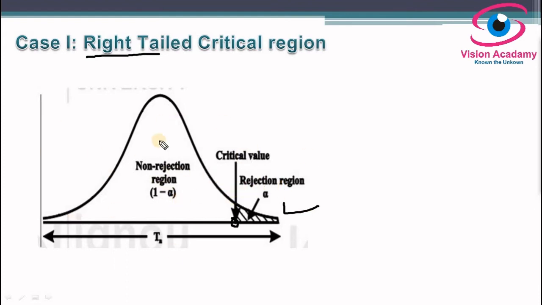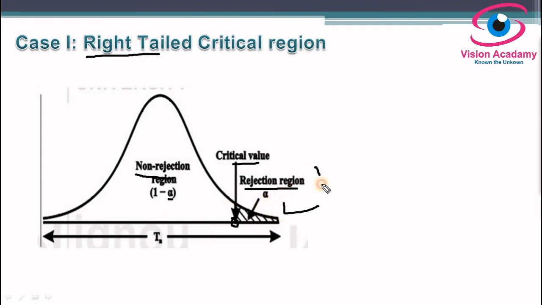In this, very importantly, you need to understand four things. One is the non-rejection region, one is alpha, one more is the critical value, and one more is the rejection region. So this shaded area, as I said already, is the critical region and it is alpha, also called the significance level. To improve the quality of our test, our research, we insert some significance level into our hypothesis, that is alpha.